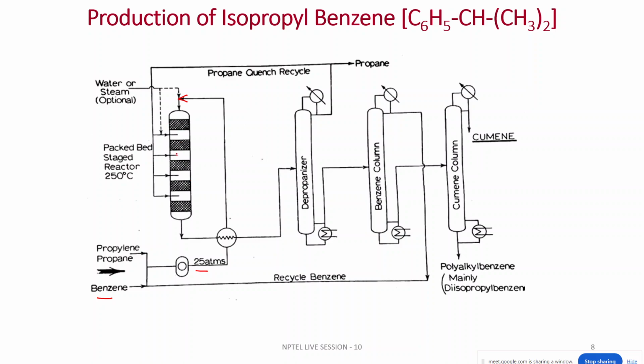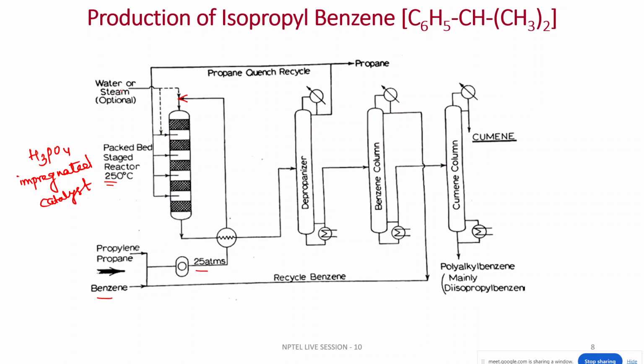And here the packed bed column is stage wise. Now this reactor is maintained at a temperature of 250 degrees Celsius, and in this process the catalyst used is H3PO4 impregnated catalyst.